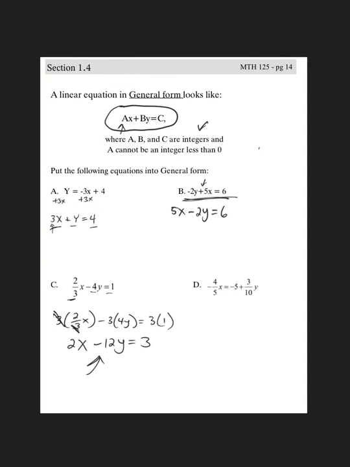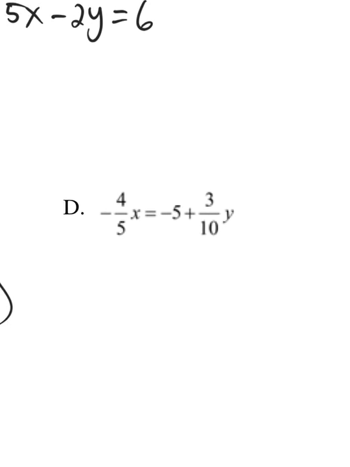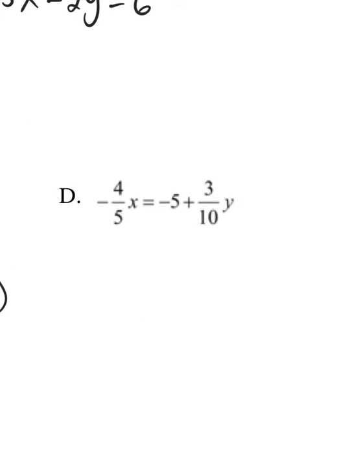Of course, I'm going to give you something ugly. Look at that. Okay, so fractions. We have 5, 1, and 10. My common denominator is going to be 10. It's the smallest number that 5 can go into, and 10 can go into, and 1 can go into beautifully. So I'm going to multiply each piece by 10.